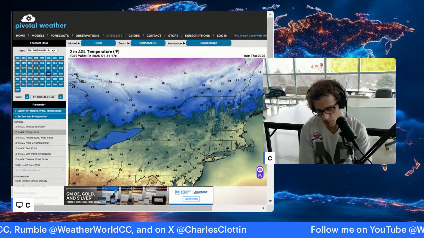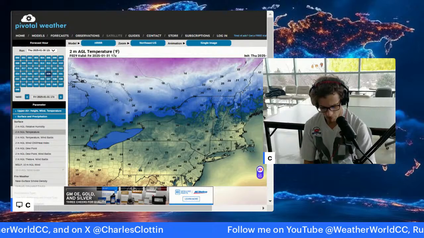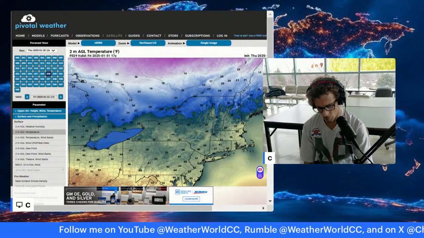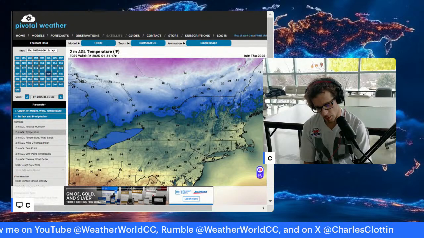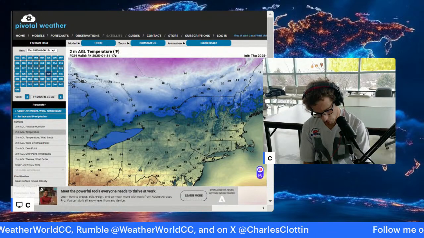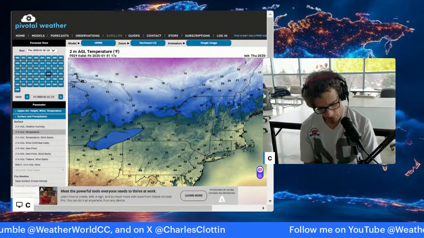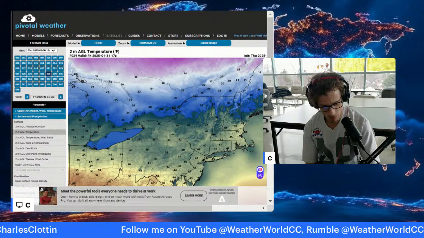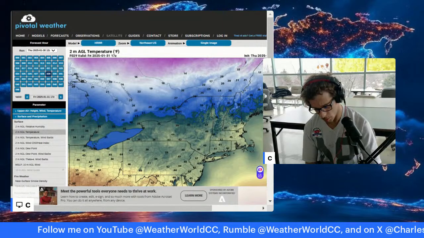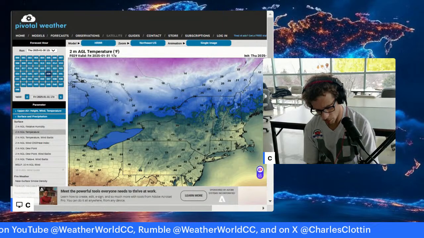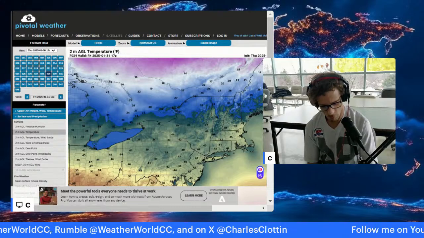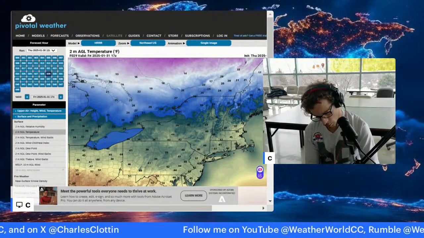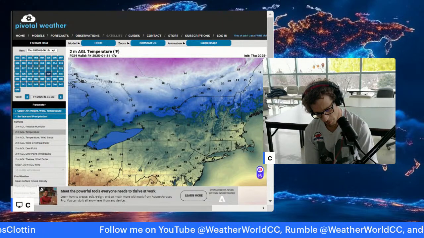And slight chance for a wintry mix for the northern regions. Slight chance for a wintry mix in the northern portion of western New York.